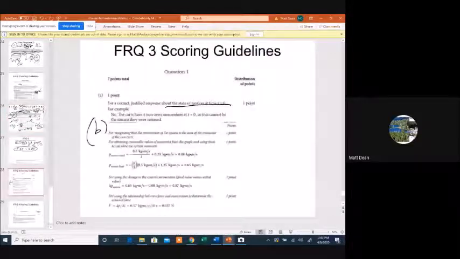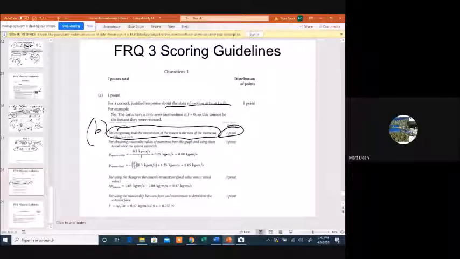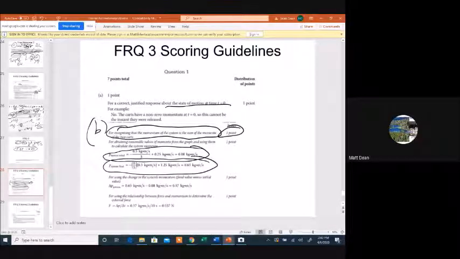Here's the grading rubric. It looks like 4 possible points here. One point for recognizing the momentum of the system is the sum of the momentum of the 2 carts. One point for obtaining reasonable values of momentum from the graph and using them to calculate the system momentum: calculate the momentum before and after.